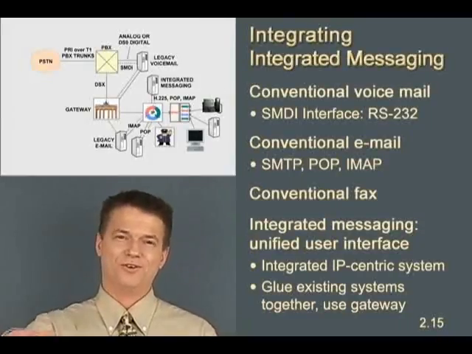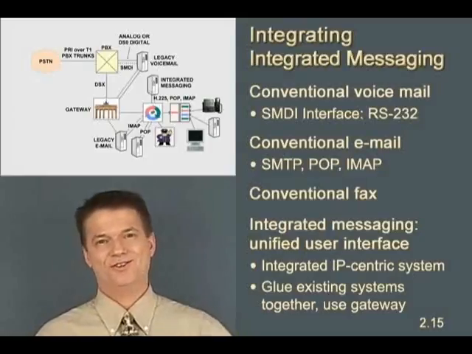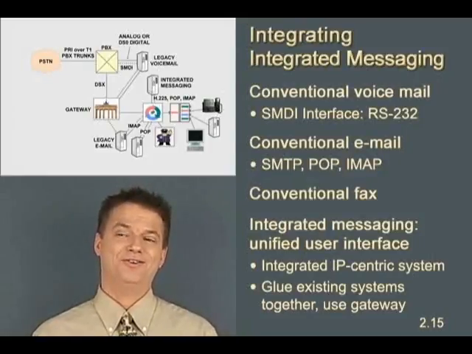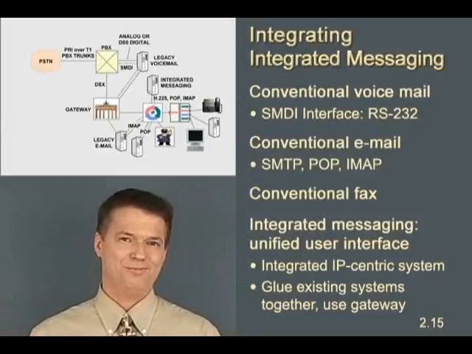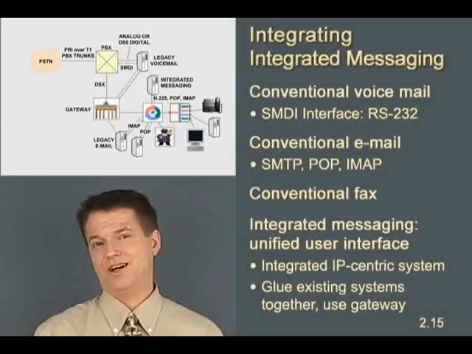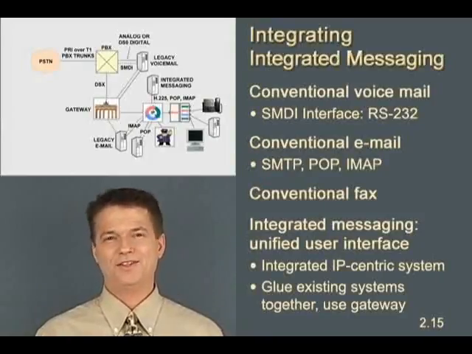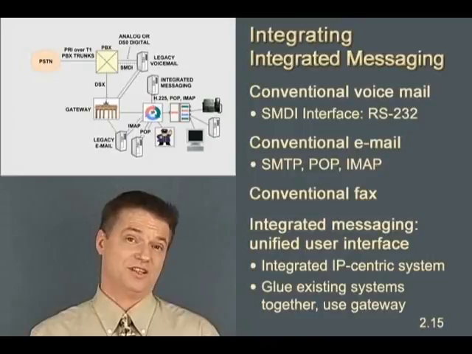Maybe in this part of the organization they're using POP servers, in that part of the organization they're using IMAP servers, and we're going to have to figure out how to bring those two worlds together to be in the same type of server that our new integrated messaging system is. Maybe that's an IMAP server, so it's going to have to speak POP. So that means that we need a function that does protocol translation, so that's a gateway.